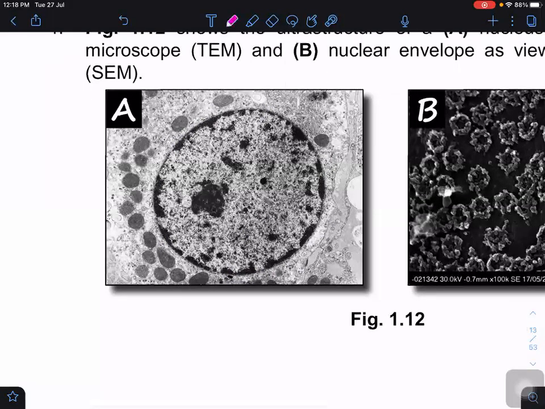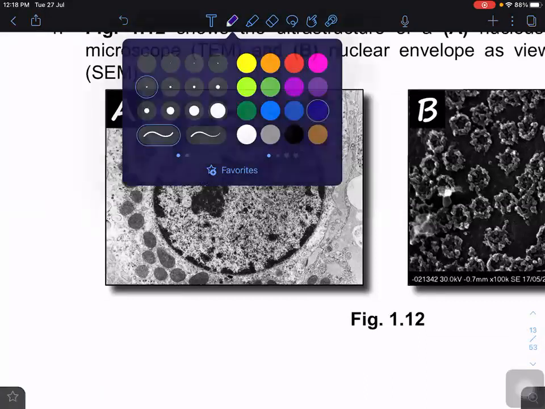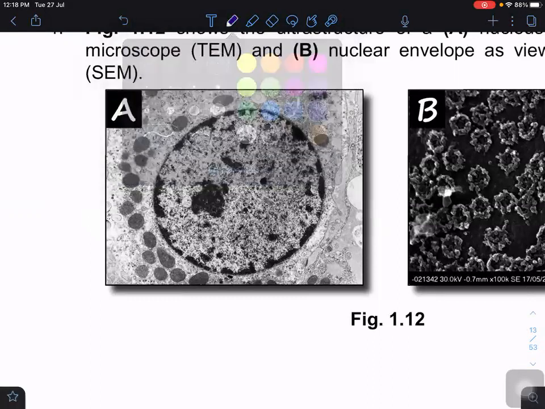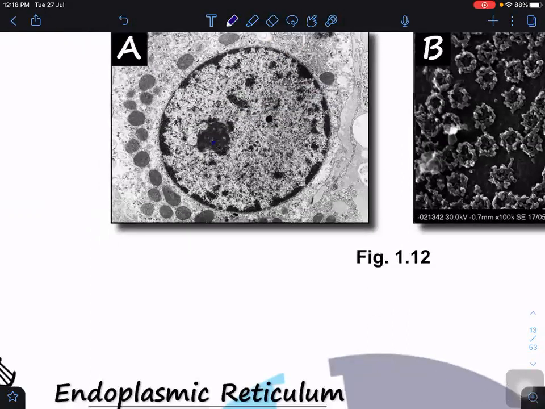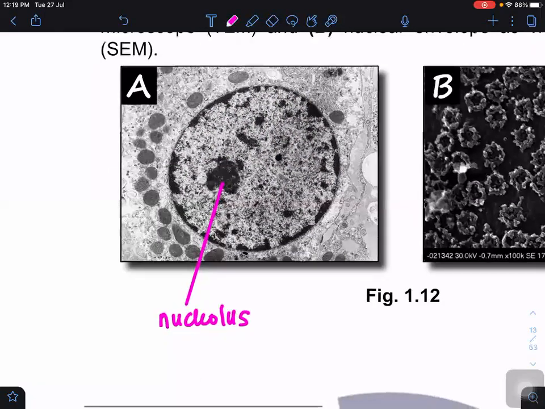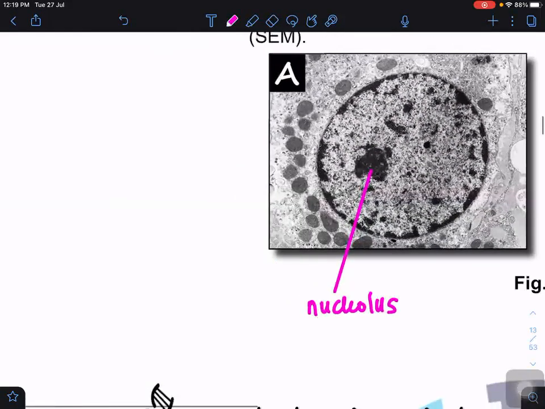Now, can you label the diagram? Let me label it. I think using another color is better. Right now, guys, this is the nucleus. You need to know how to identify the structures.